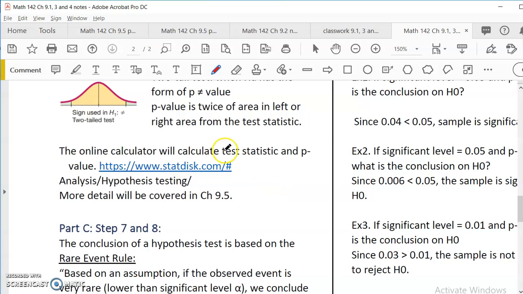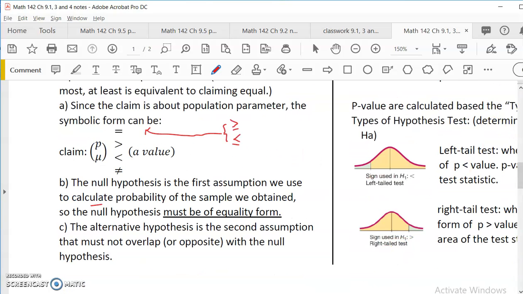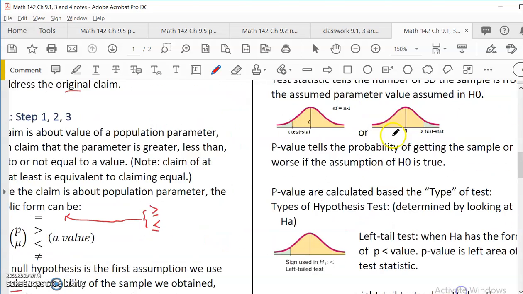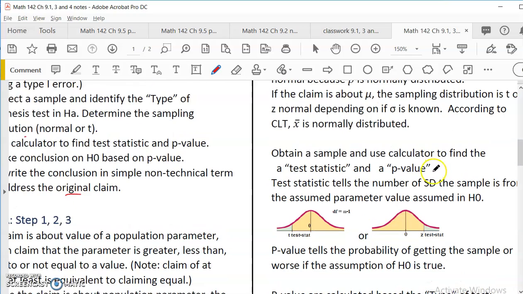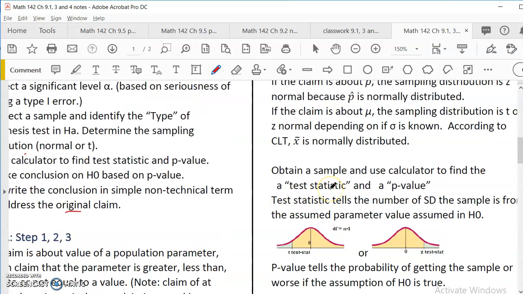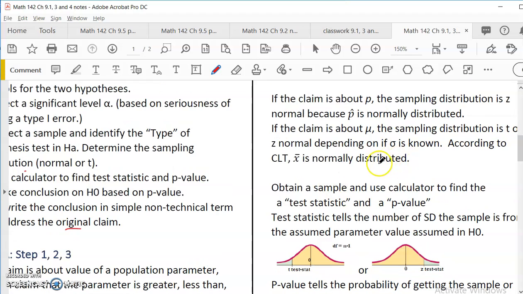And then how do I calculate those statistics and p-value? So remember, these two numbers are what is supposed to turn up after we have the sample. We cannot just look at the sample and know what to do. We would use a calculator to calculate. And to calculate it, we need to know what kind of distribution our sample has. So if we have a sample proportion, p hat is normally distributed, so we use the normal distribution.